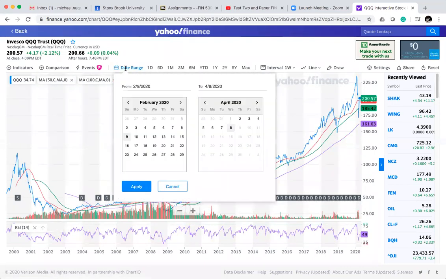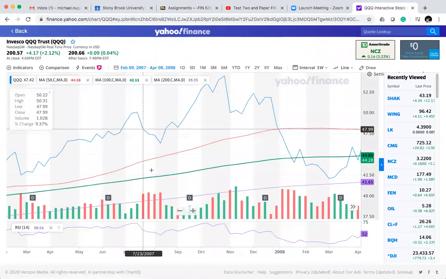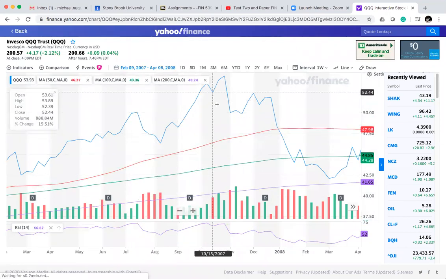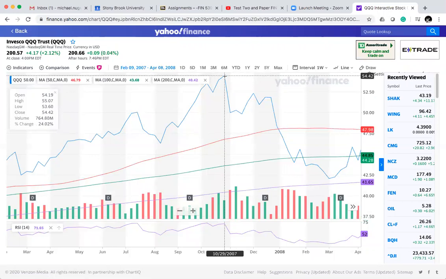See if we can do a date range here. Okay, so here is that 2008. This is actually the NASDAQ.